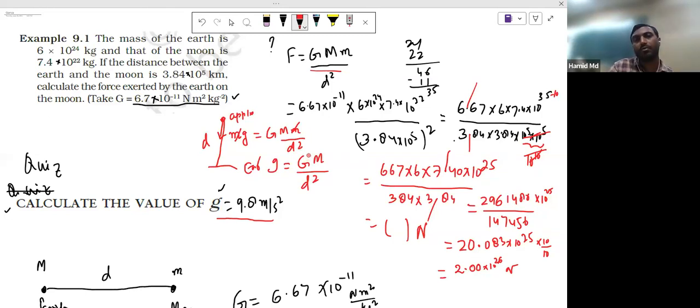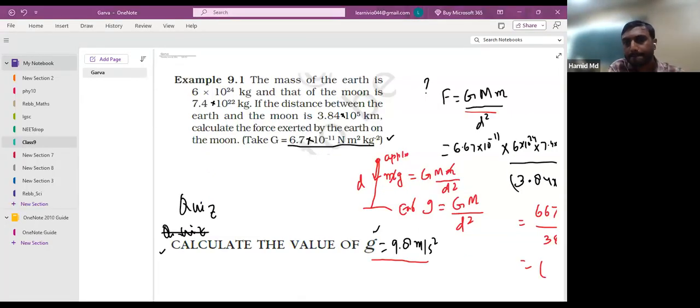So we are aware of the value of G, the mass of Earth, and the distance between these two. If you substitute this value, the radius of Earth. What is the value of the radius of Earth? Anyone aware of it? The radius of Earth is 6.37 into 10 to the power 6.